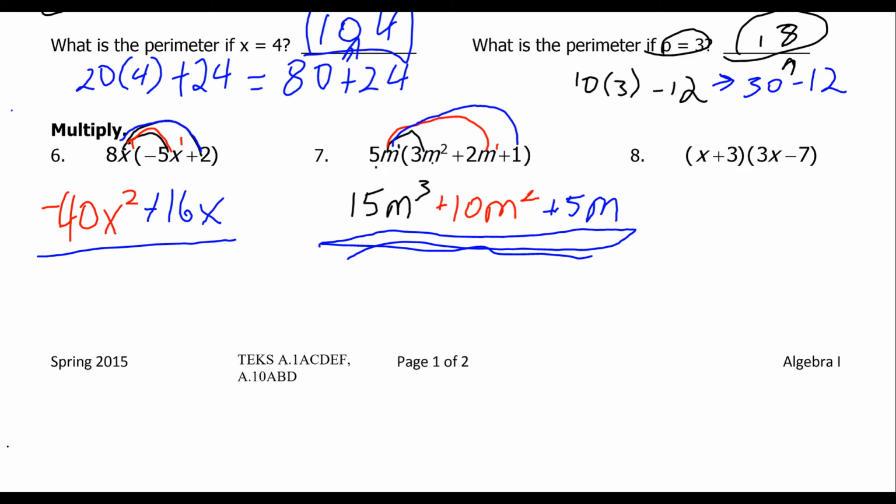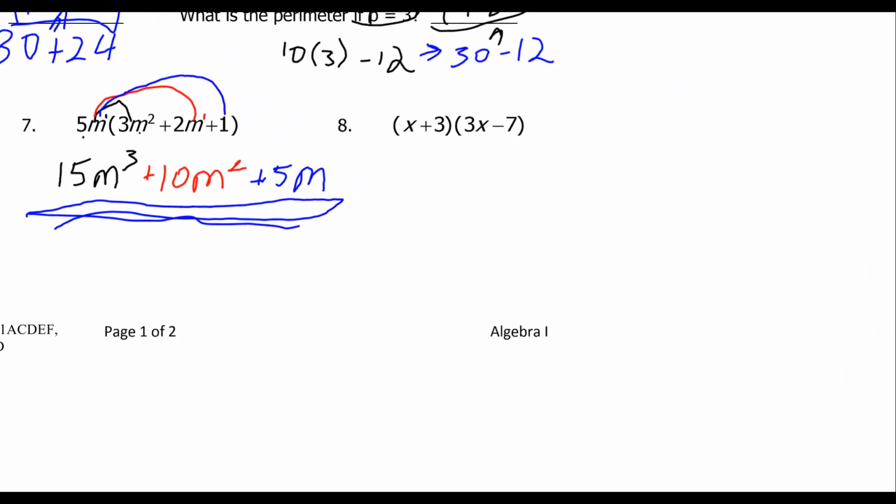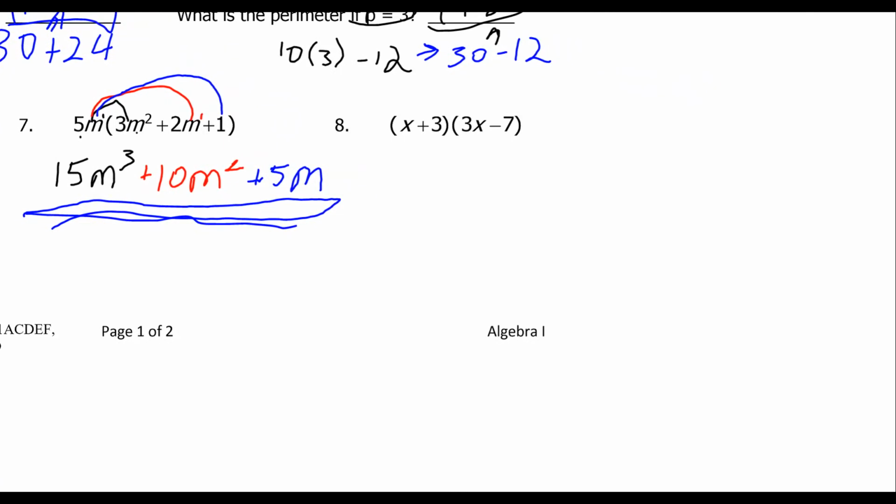Now, number 8 is where things start getting interesting. Let's look at that. Alright, now you'll notice we have a binomial times a binomial. The best way to do this is going to be our box method. Okay, let's go ahead and get everything lined up here.